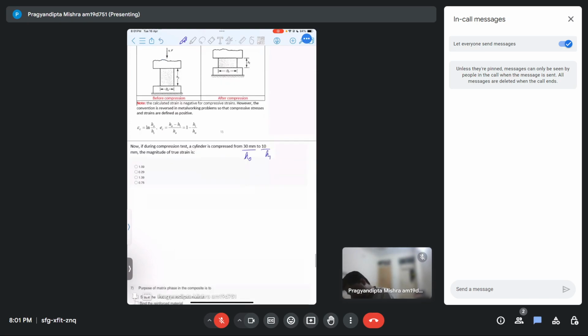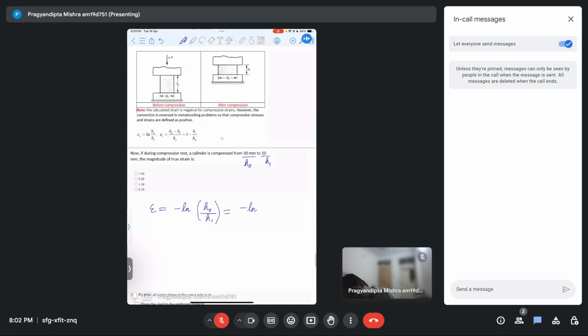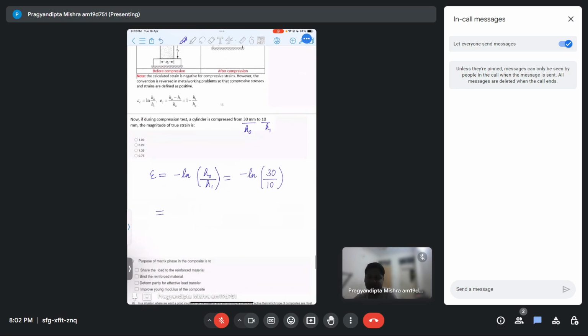So here 30 mm would refer to H0, 10 mm would refer to H1. So if we substitute, epsilon will be equal to minus ln of H0 divided by H1, right? Let's just take the negative sign for now and we'll take care of it in the end. Negative ln of 30 divided by 10, right? That will be equal to, let's just calculate.